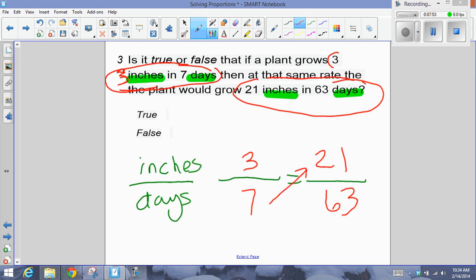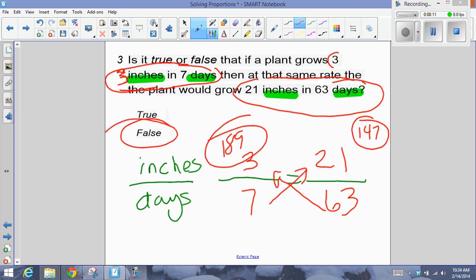So we're going to use our cross multiplying and do 7 times 21, which is 147. And then we're going to do 63 times 3, which is 189. And that is not the same, is it? So this is false. That is not the same rate, or the same ratio. Okay? So that is how you use proportions to solve equations or word problems.